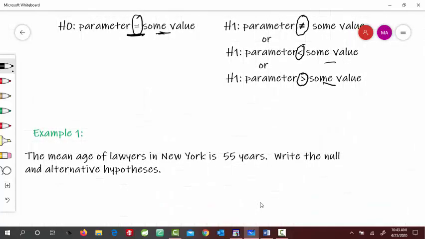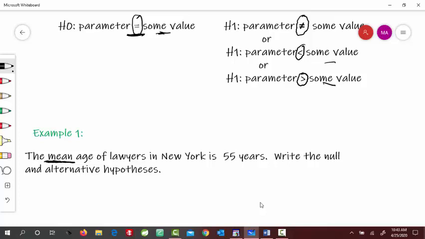So let's look at example 1. This states that the mean age of lawyers in New York is 55 years. Write the null and alternative hypotheses. Here the parameter is the mean, which is denoted by mu.